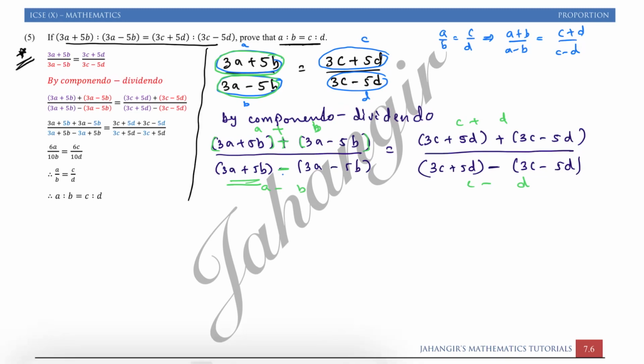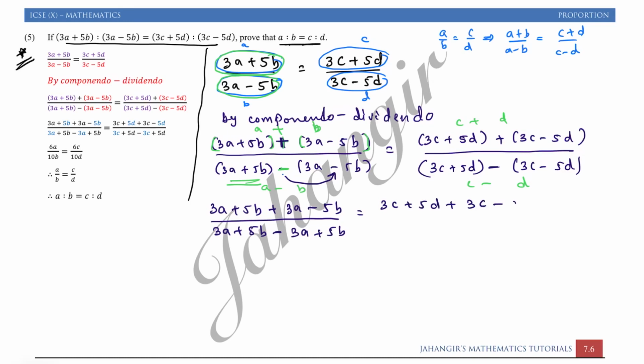Now solving the brackets, what you will get is 3a plus 5b plus 3a minus 5b. In the numerator I won't solve anything, meaning if it is plus we cannot change the sign. Now in the denominator we have minus 3a plus 5b minus 3a, and minus minus will give you plus 5b. See, this minus and this minus will change sign. It is equal to 3c plus 5d plus 3c minus 5d upon 3c plus 5d minus 3c minus 5d.